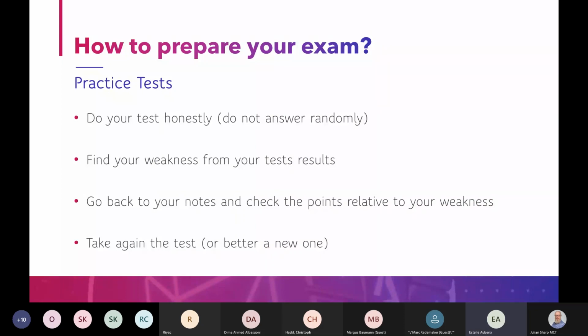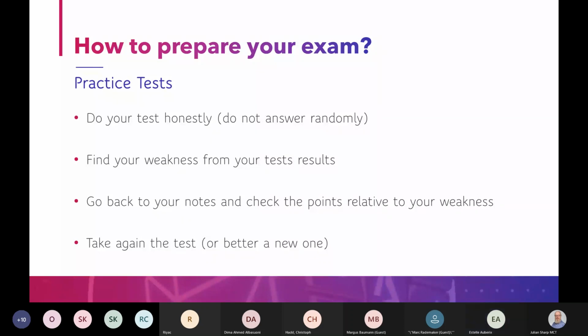But if you answer randomly, you won't be sure whether you totally assimilated the information or not. So for the first test, sometimes I pass it without any revision, just in order to check what my knowledge is before learning the subject.